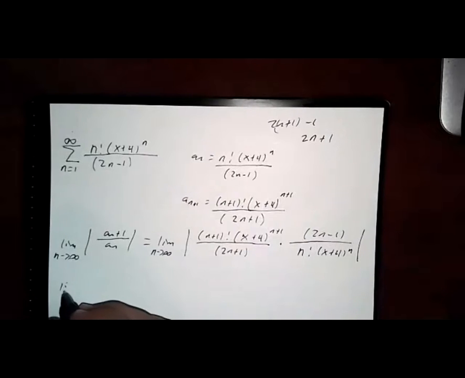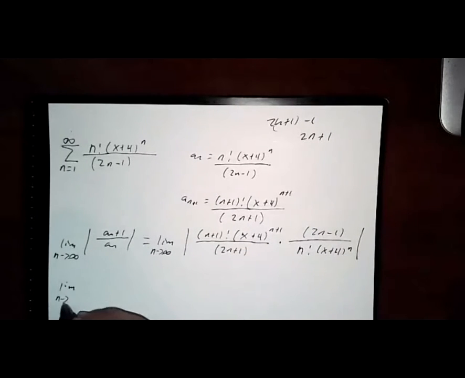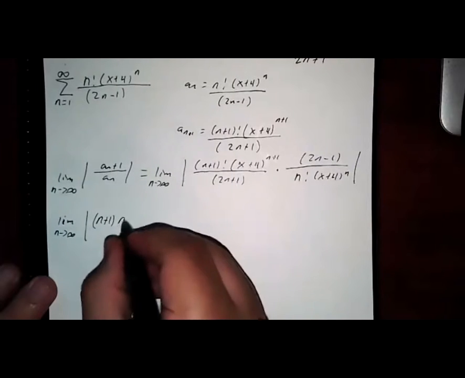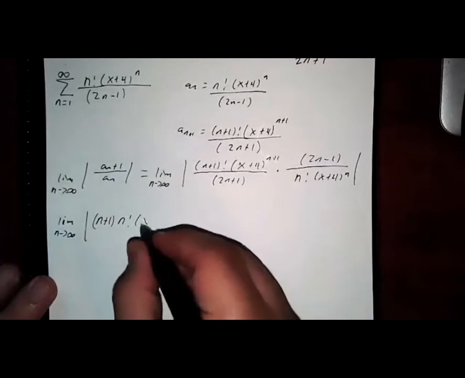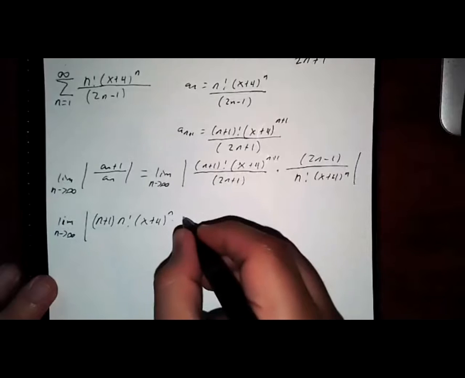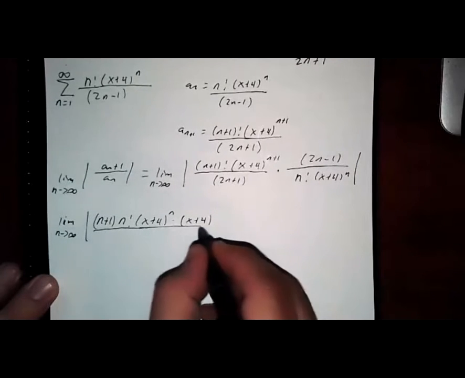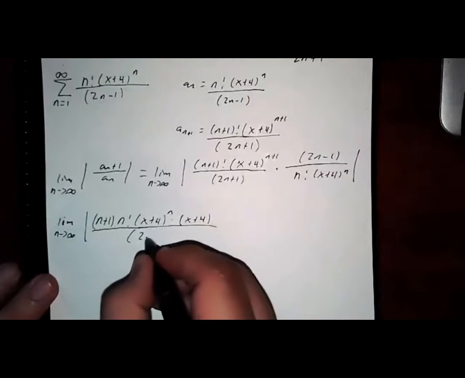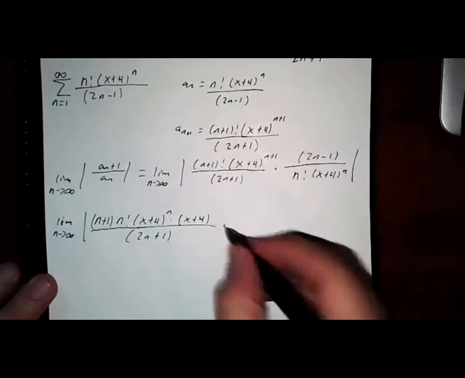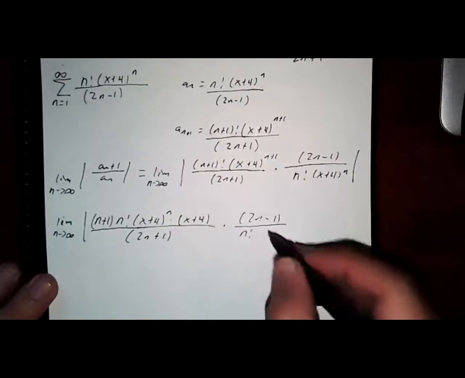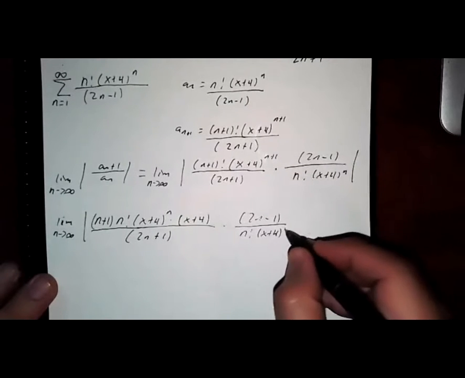Okay, so let's expand the factorial. So that'll be n plus 1 times n factorial. Separate the x plus 4 times n times x plus 4 for the first one over 2n plus 1 times 2n minus 1 over n factorial times x plus 4 to the n.